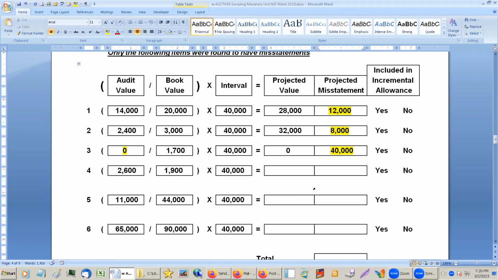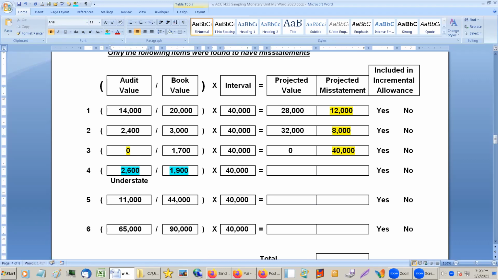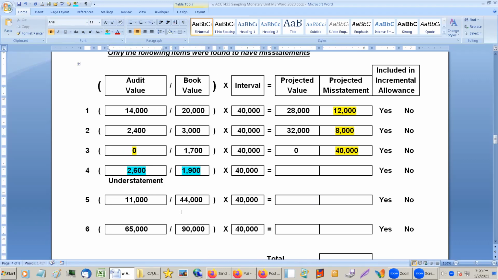The amount of the book value is lower than the audit value. Yep. Let me get blue, I guess. This is an understatement. I was going to mess up my spacing here, but this is an understatement. We ignore it.